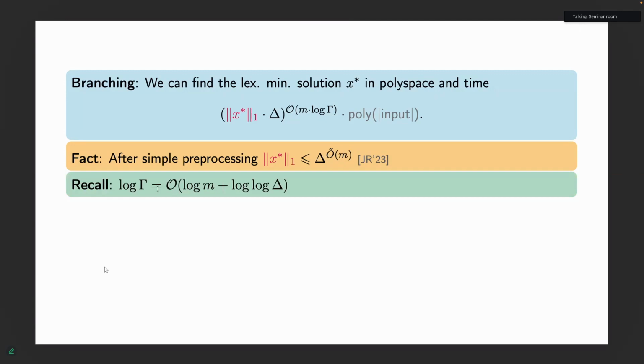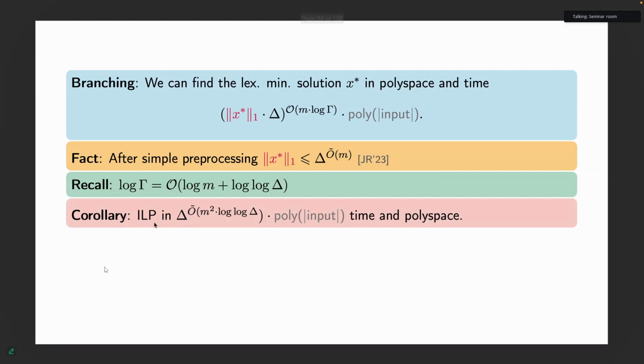Gamma was m times log delta, so you take the logarithm of it, it's this. So you will have this running time for your ILP. I just plugged in this delta to the O tilde of m, and this to the power m log gamma. This is an improvement in terms of logs in delta.